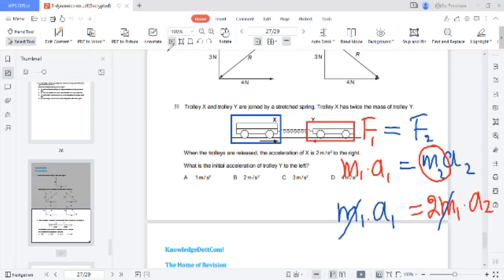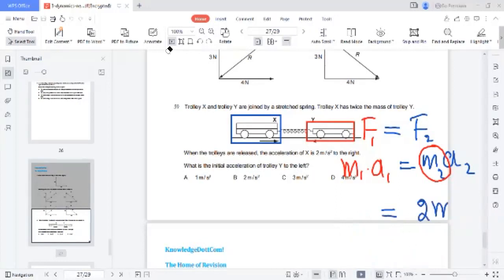Now it states the mass of X is 2, so X is on the right side. The mass of blue is 2 times the mass of the red one.